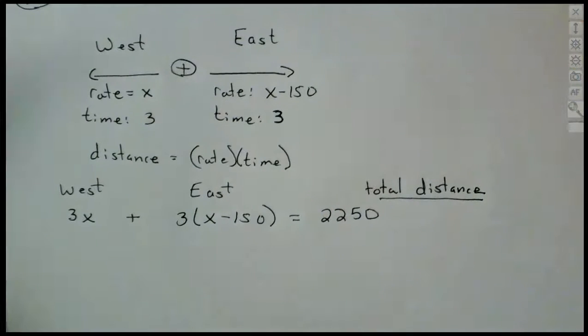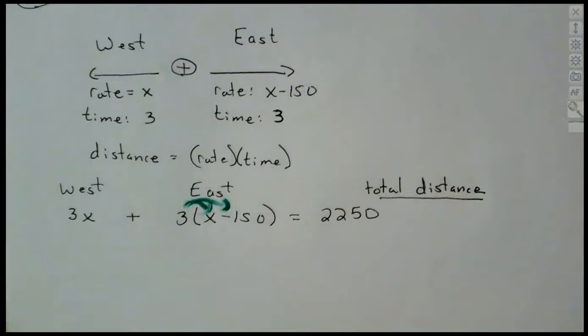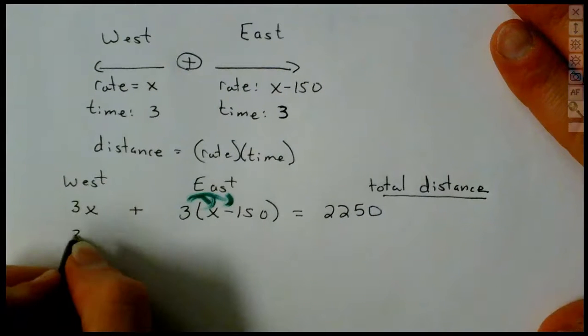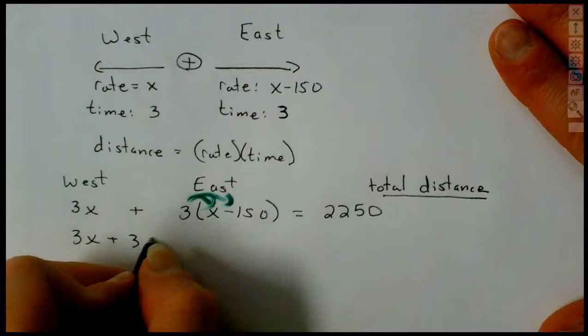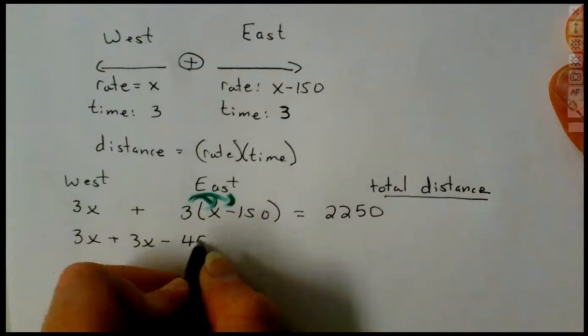And we can finish this one out. That is then 3x plus 3x minus, what is that, 450, I believe. Let me double check, though. 150 times 3 is, yep, minus 450. I always like to double check things, though.